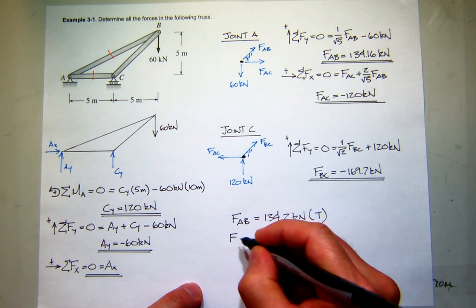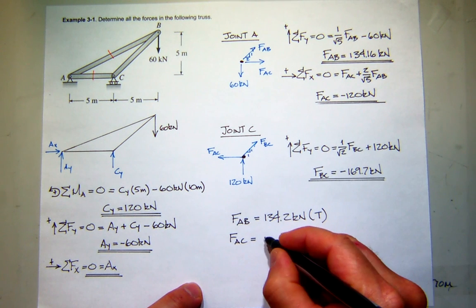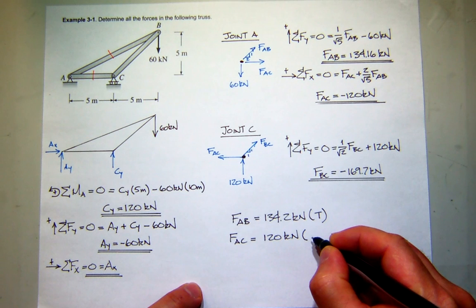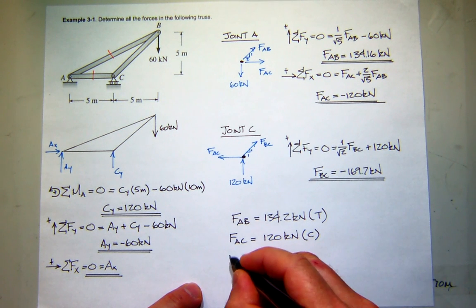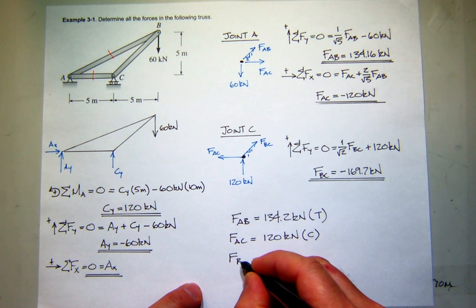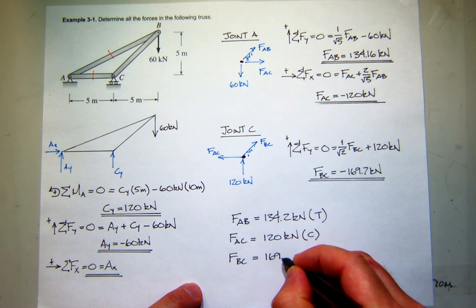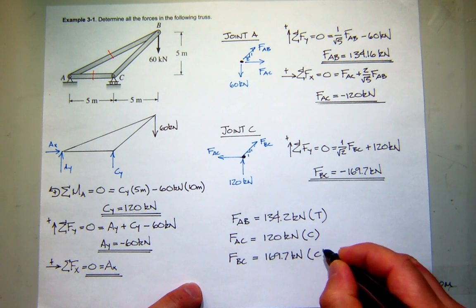The force in AC is 120 kilonewtons, and that is in what? Compression. And then the force in BC is 169.7, and that is in compression.